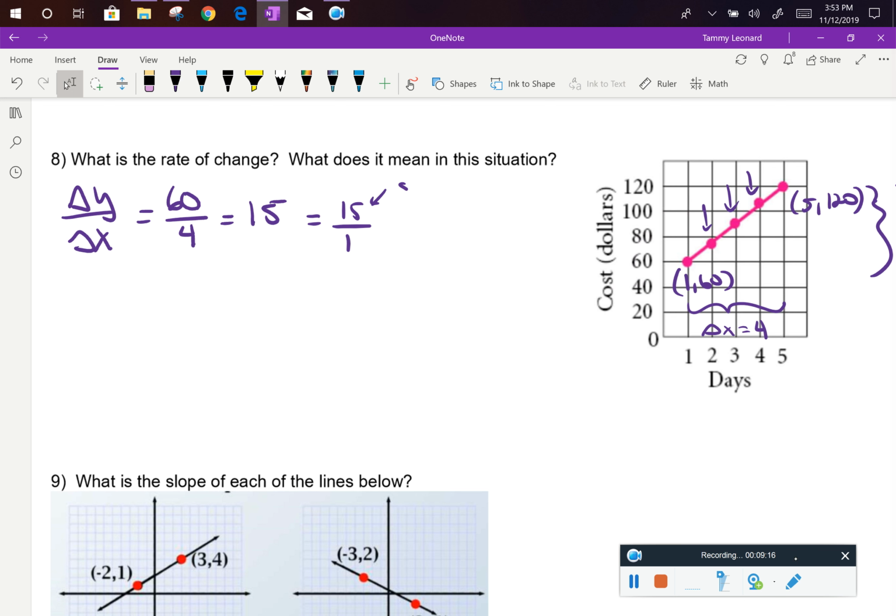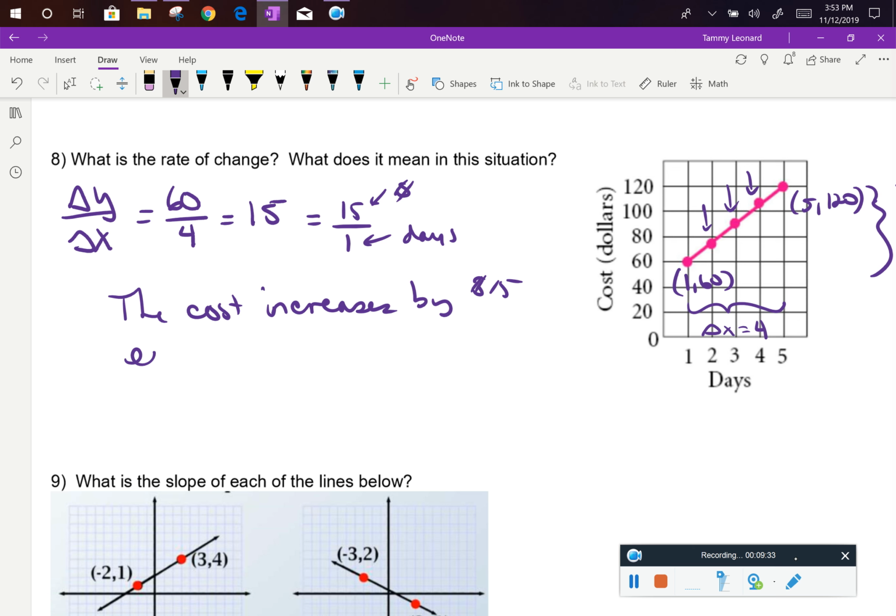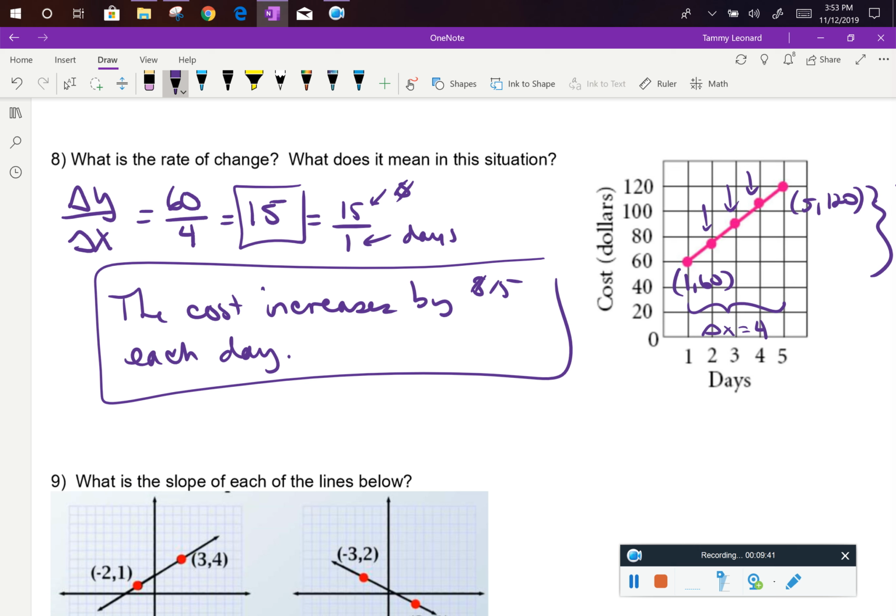This 15 is in dollars, and this 1 is in days. So we can see that the rate of change means the cost increases by $15 each day. That's the meaning of the rate of change. So the rate of change is 15, and this is the meaning of that in this problem.